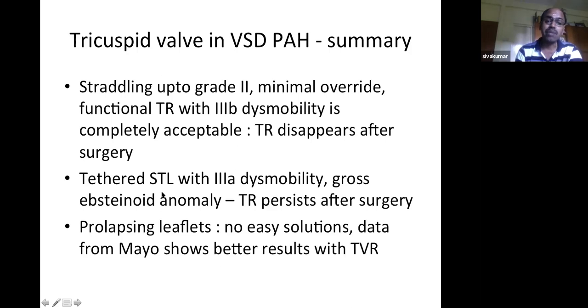These patients will end up in repeated tricuspid valve reinterventions.